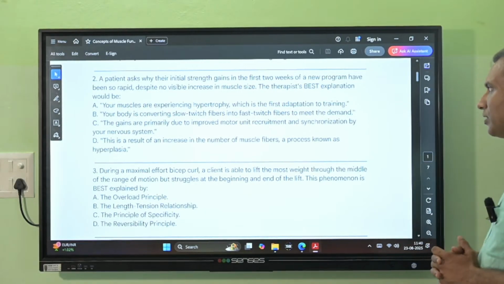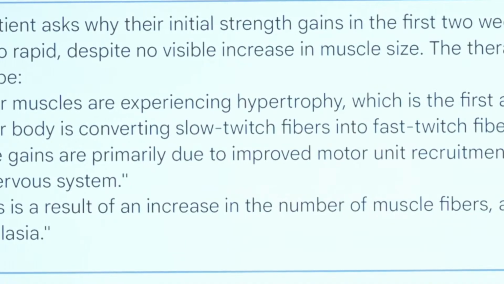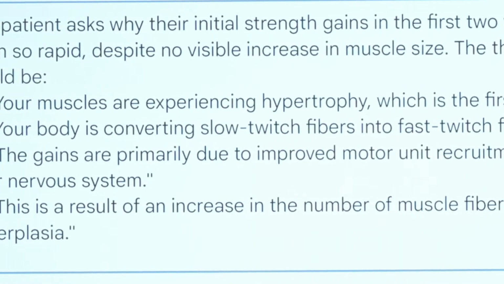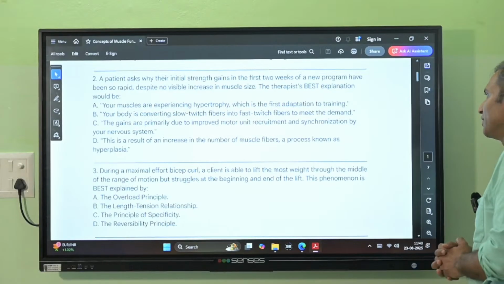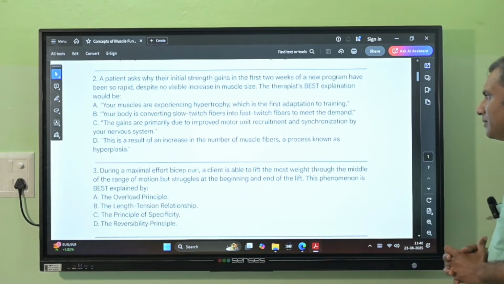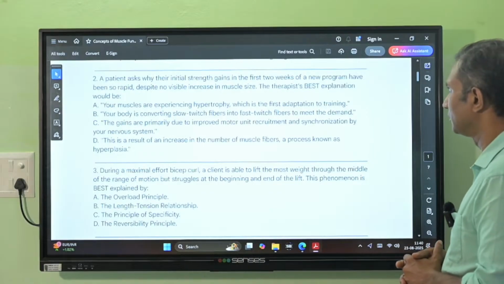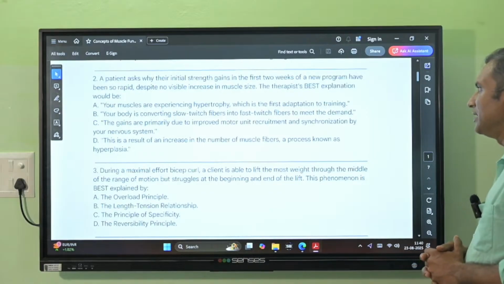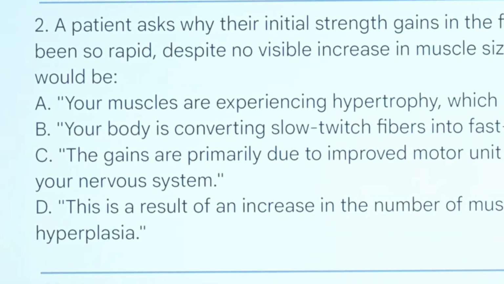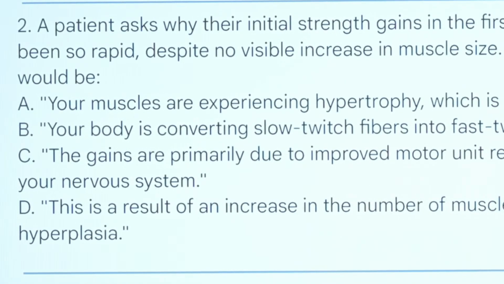B. Your body is converting slow twitch fibers into fast twitch fibers to meet demand. C. The gains are primarily due to improved motor unit recruitment and synchronization by your nervous system. D. The result of an increase in number of muscle fibers, a process known as hyperplasia.